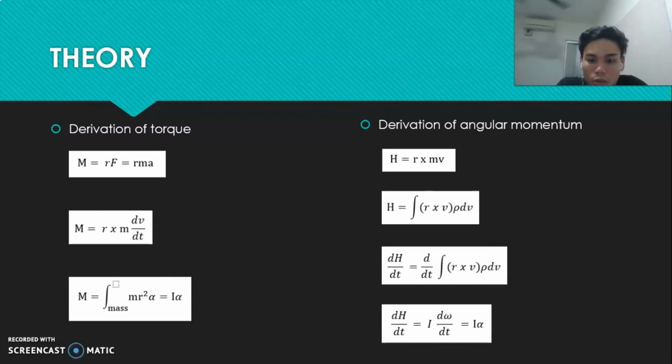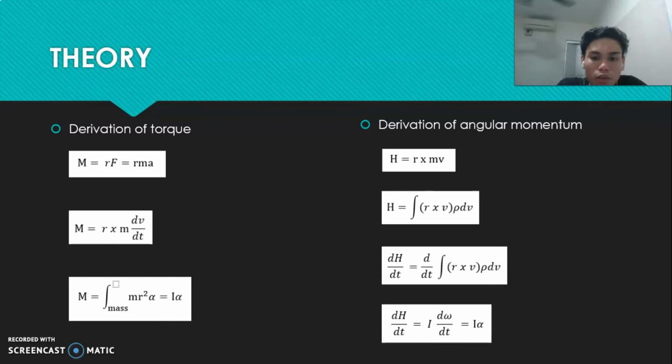For the angular momentum in the system, we must integrate the general angular momentum equation. So we get the formula: radius times velocity with the density and the derivation of the velocity. The rate of change of the angular momentum is the derivative of the angular momentum in the system.